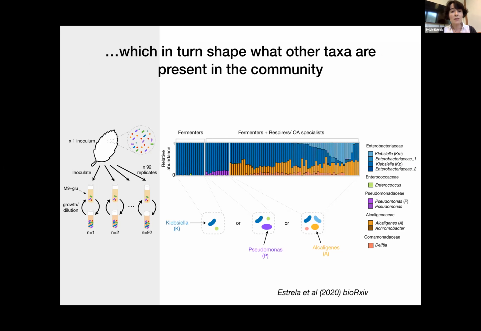And what is interesting here is that the identity of the organic acid specialist in turn shapes whatever taxa may be present in the community, which suggests that the dominant organic acid specialist drives the taxonomic variability observed.